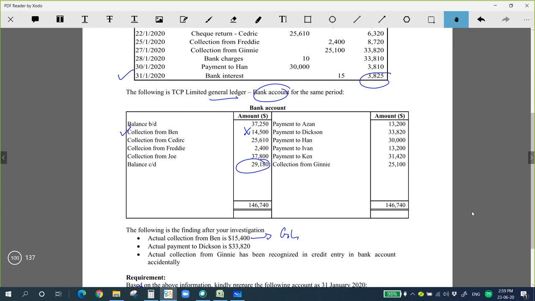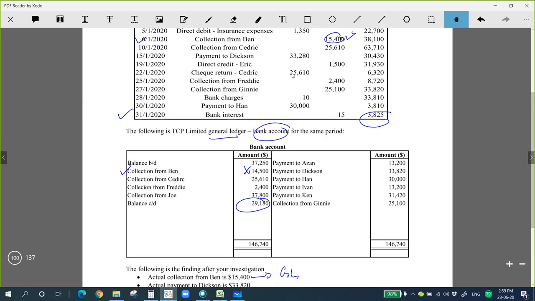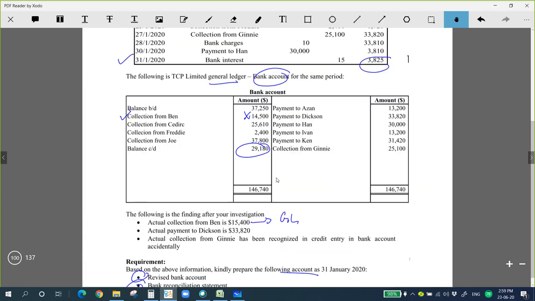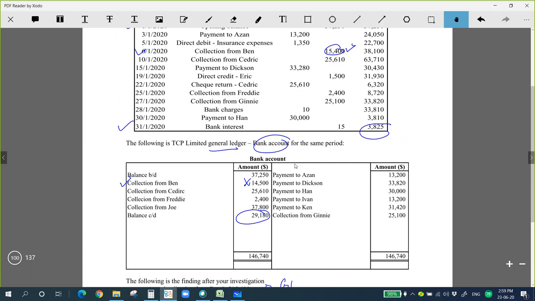Next, actual payment to Dixon is 33820. So we find Dixon 33820 here. But the bank recorded it wrongly as 33280. So which one is the correct one? This is the correct one, and this is the wrong one.